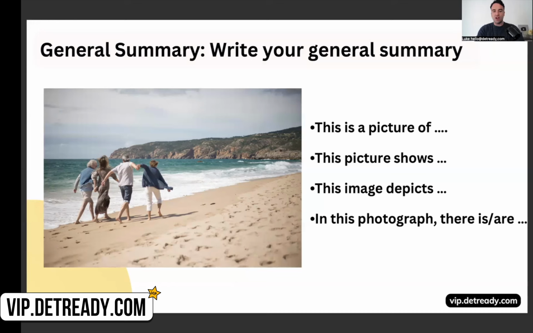The verb enjoying can't be by itself. So you say: This is an image of a family who are enjoying themselves on the beach, enjoying themselves. With enjoy, you need to have an object.